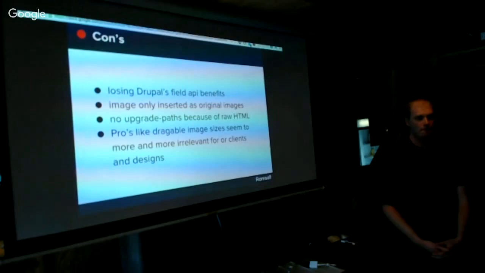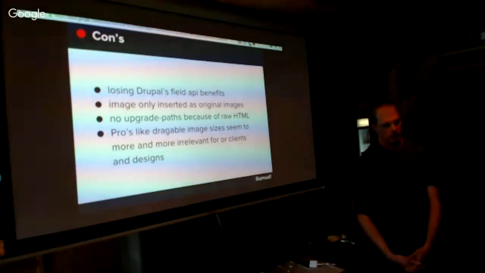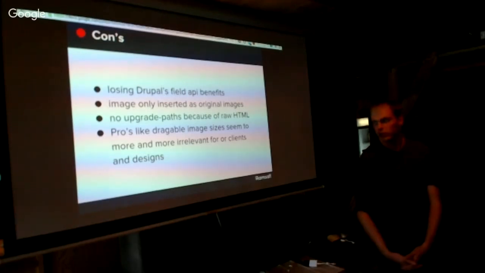It was not possible to insert them with a kind of token that will render the file entity in a new mode. It is, but then we are back at the normal media 2 solution. That's okay. That's the point. Okay. So it's the media 2 solution, and the only thing that we are losing is the draggable image resizer, which is more or less not used.